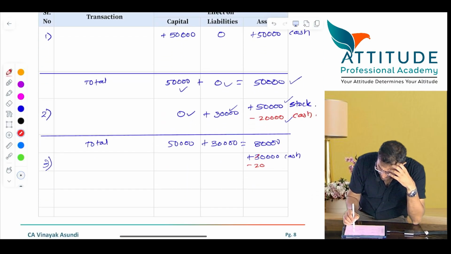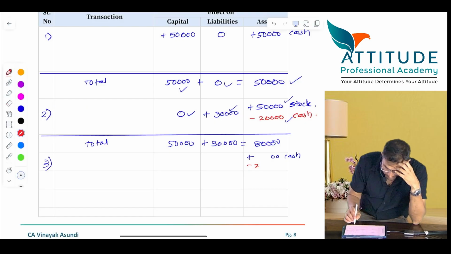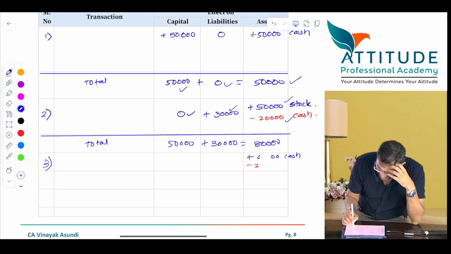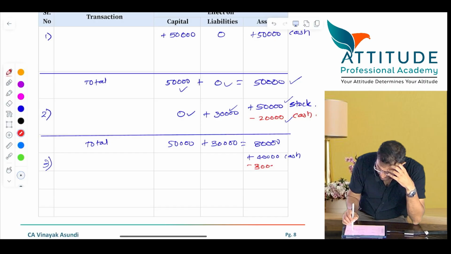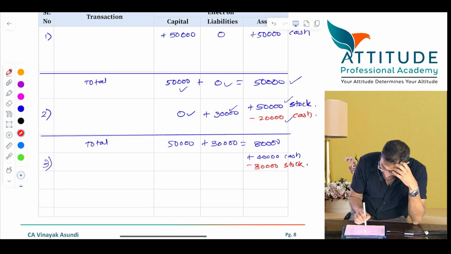Cash by 40. Okay, one second. Cash increases by 40,000. Stock reduces by minus 30 stock. Correct? So profit increases by 10,000. So plus 10,000. This is nothing but P. P means profit. Is that clear?